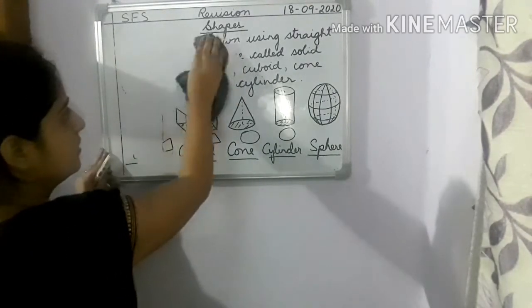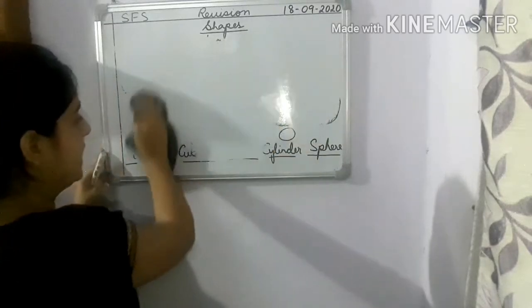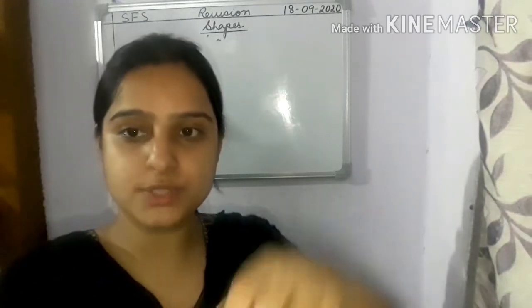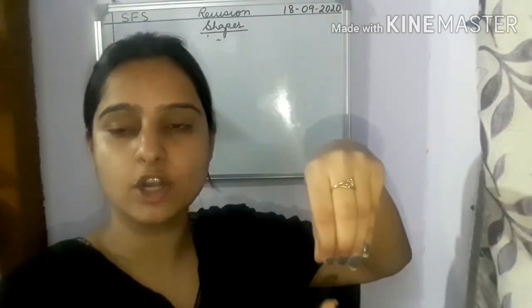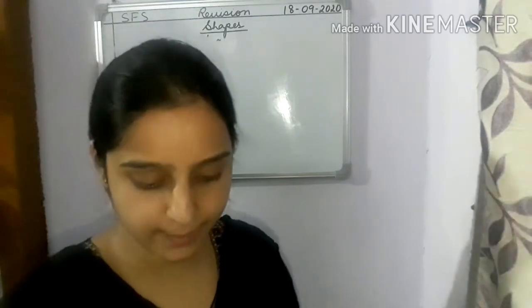So, to draw the base, children, if you keep any object and you draw the outline of that object, we get the base. Okay?